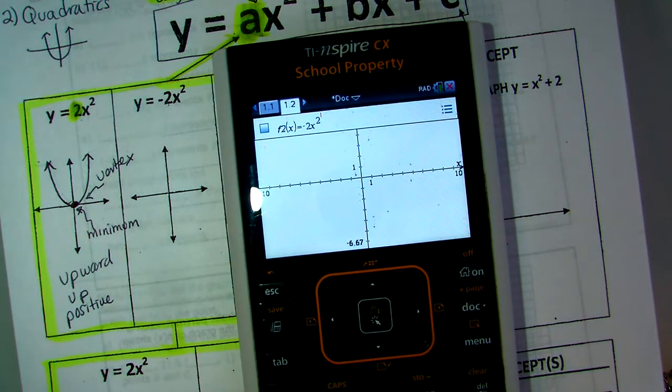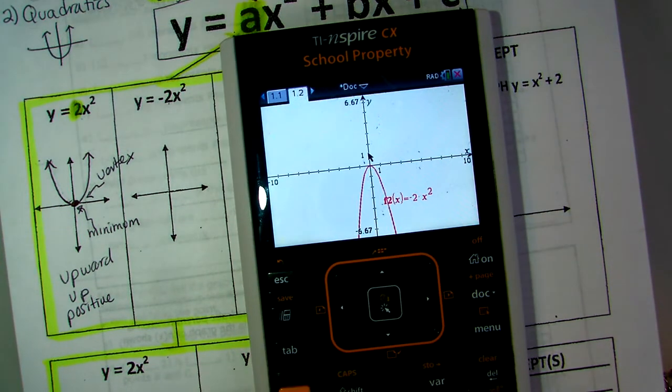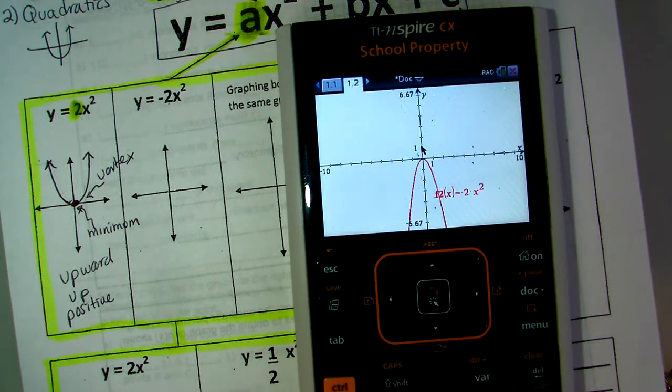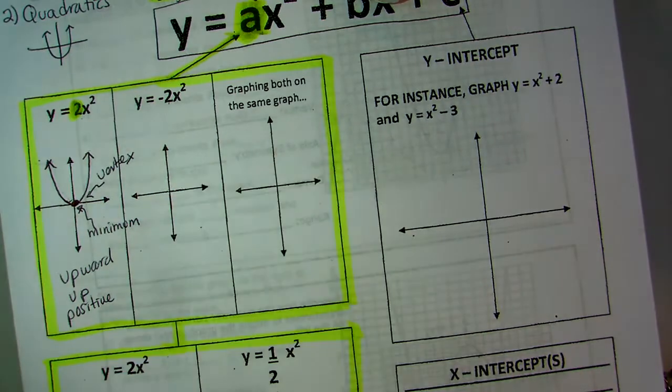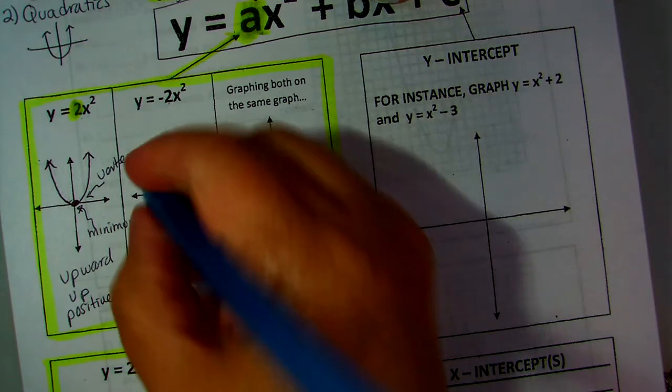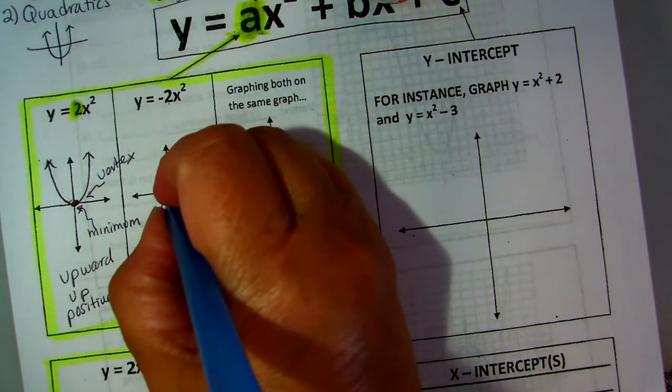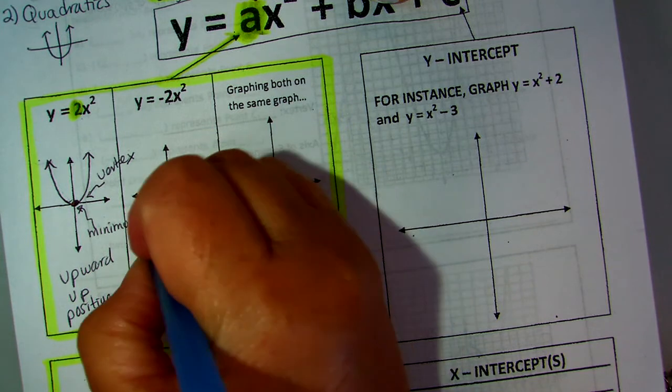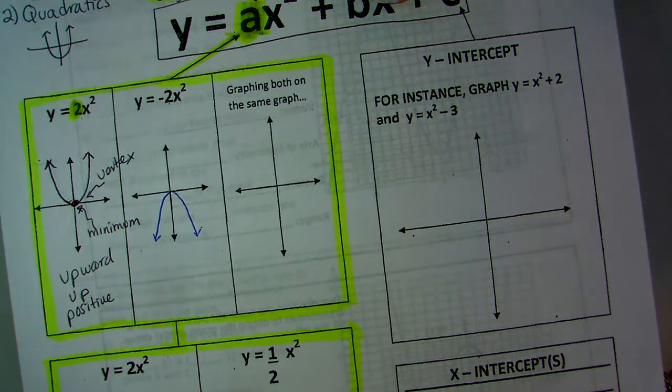Enter. You see what happened to the parabola? Now it's down. So let's sketch it. Let me use my blue pen. We're going to sketch it here.